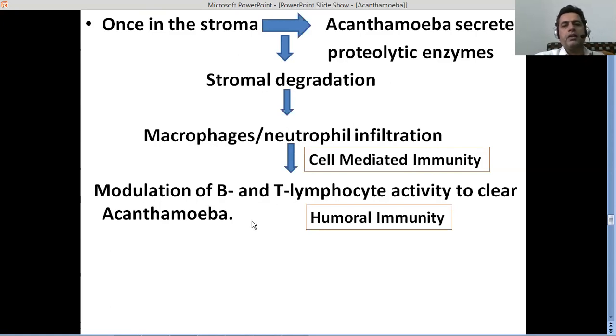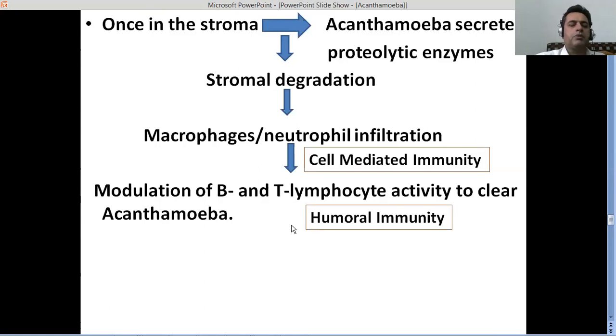Similarly, this particular response then would modulate the B and T lymphocytes activity to clear Acanthamoeba. So the cell-mediated immunity would be followed by humoral immunity, or modulation of the B and T lymphocytes, for the clearance of Acanthamoeba.